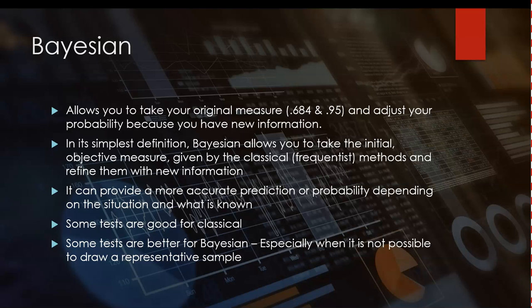Keep in mind the term prior knowledge, because it is the same as the initial objective measures that classical gave us, but prior knowledge is the terminology frequently used when defining what Bayesian methods are. So Bayesian can provide a more accurate prediction of probability depending on the situation and what is known.